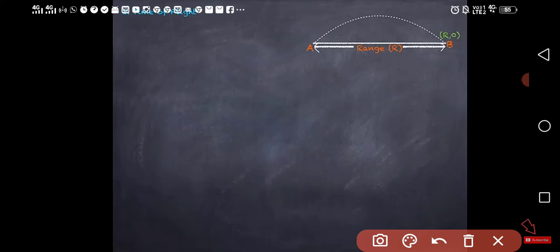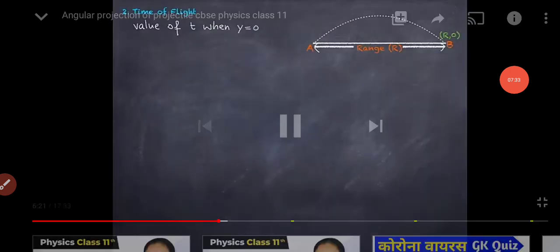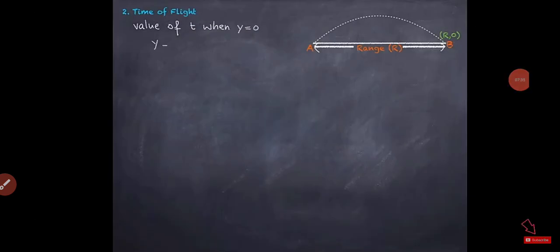So to calculate time of flight, we will use a very basic equation of motion, that is v is equal to u plus at. So for that we are taking that value of t when y equal to 0. So y is equal to u_y t plus half a_y t square, because we are taking it in vertical direction.